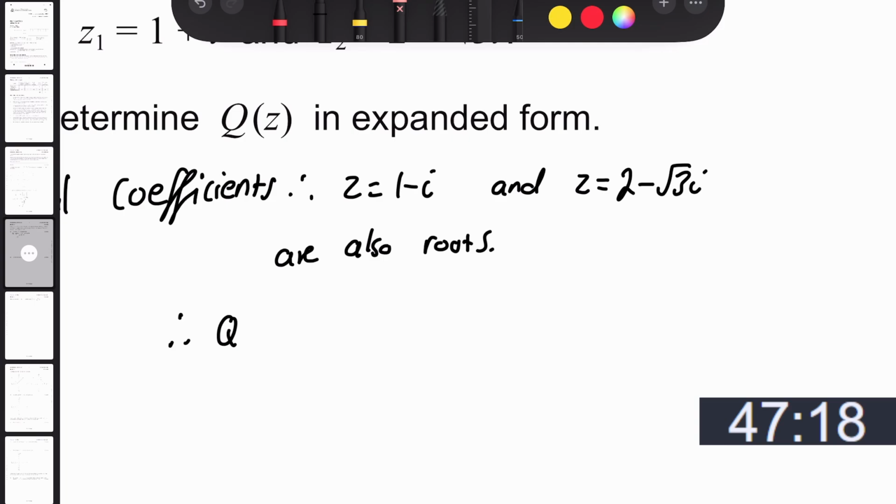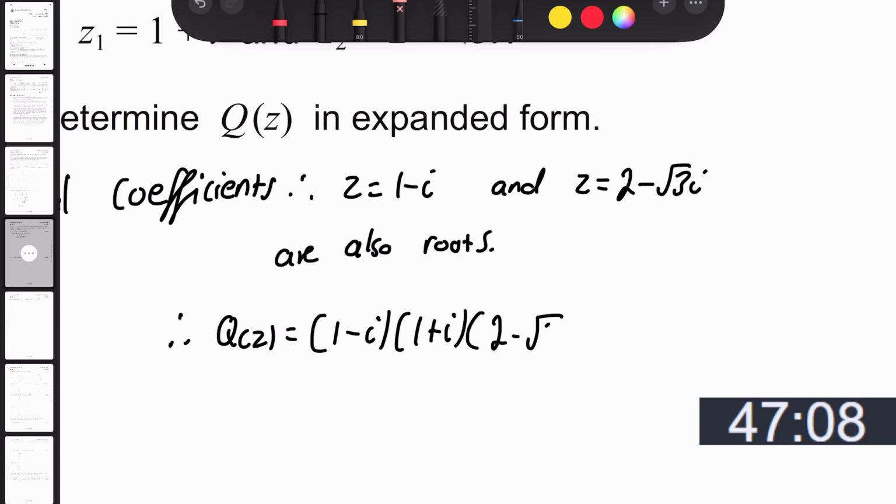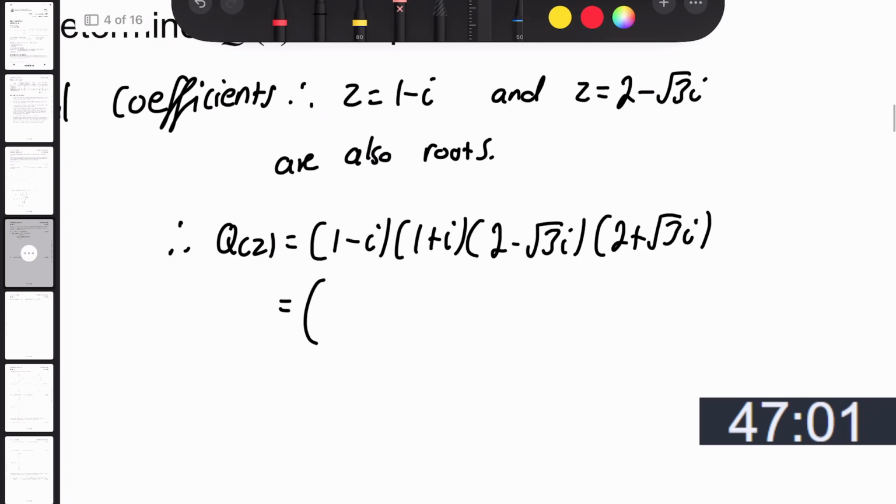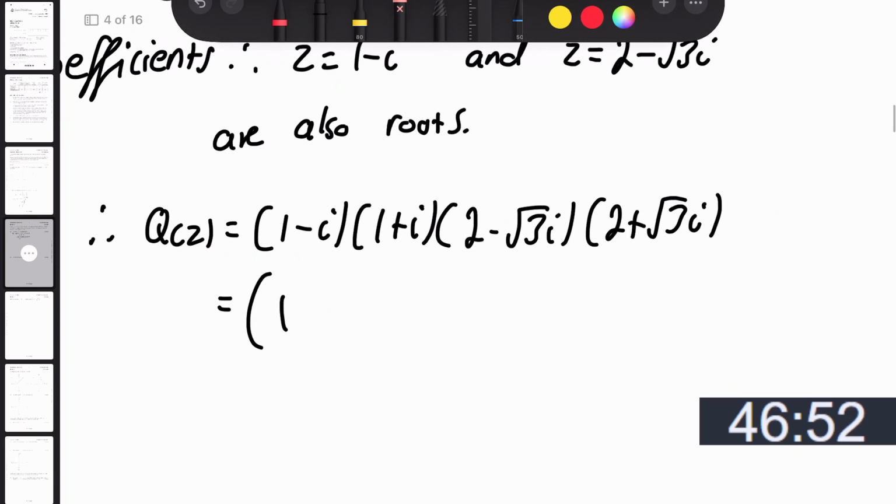Therefore we have that Q of z is going to equal (1 minus i)(1 plus i) times (2 minus square root of 3 i)(2 plus square root of 3 i). So if we just take this as the difference of two squares, A squared, which is 1, minus B squared, that'll be minus i squared, so then plus 1.